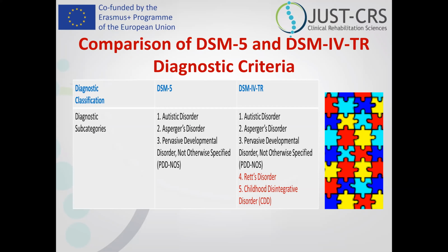All these, we don't call them by their names. We call them ASD. It's different from the DSM-IV in that Rett's disorder and childhood disintegrative disorder are not anymore present in the diagnosis of ASD.